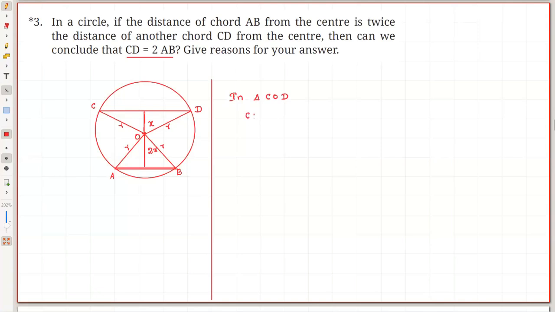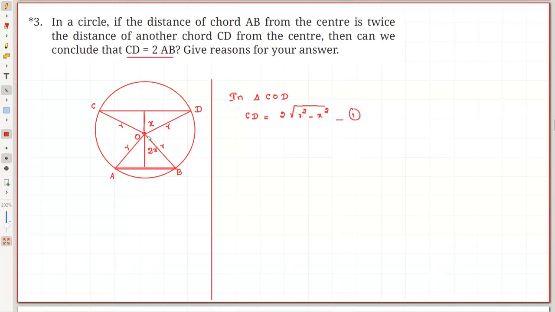Chord length CD is equal to 2 times the square root of R square, radius square, minus D square. In the place of D here we have x, so x square. We take this as equation number 1.